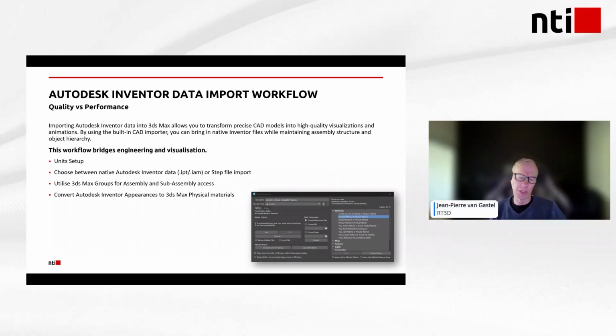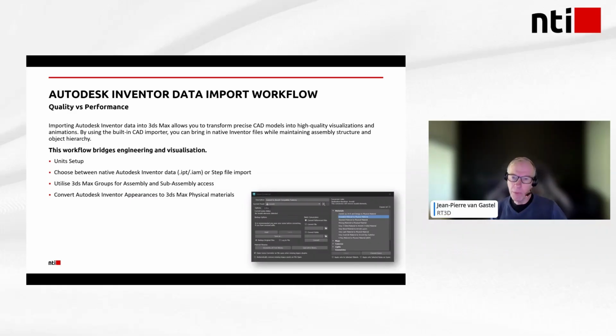So the materials, the render materials, you need to convert them by utilizing the scene converter, and that will automatically convert the appearances to 3ds Max physical materials. On the other hand, the quality of the materials in Inventor is not so good.